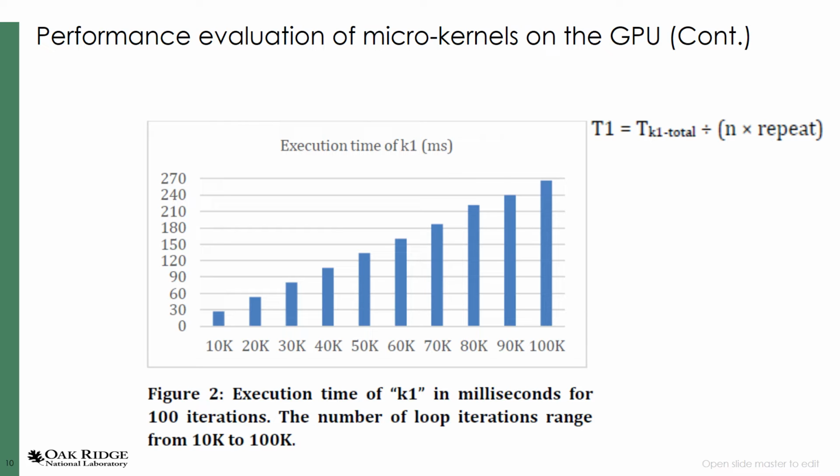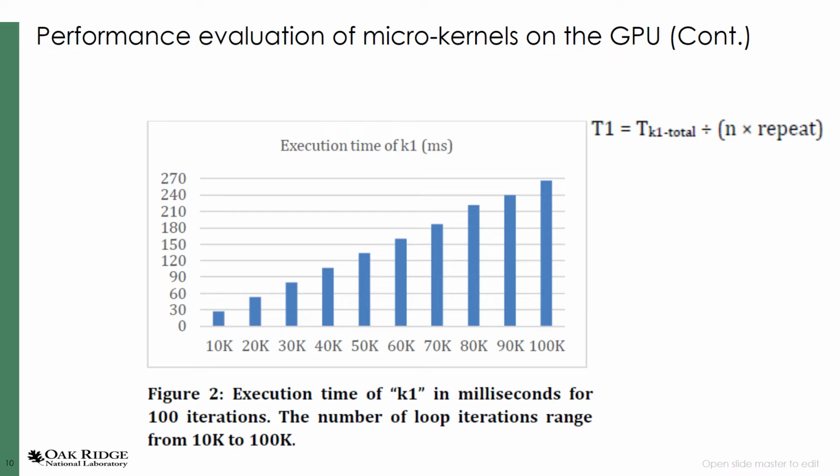This figure shows total execution time in milliseconds with respect to the number of loop iterations for the first kernel. Since the total number of atomic operations is the same for any workgroup size, the kernel time is not a function of workgroup size, so workgroup sizes are not shown in the figure.